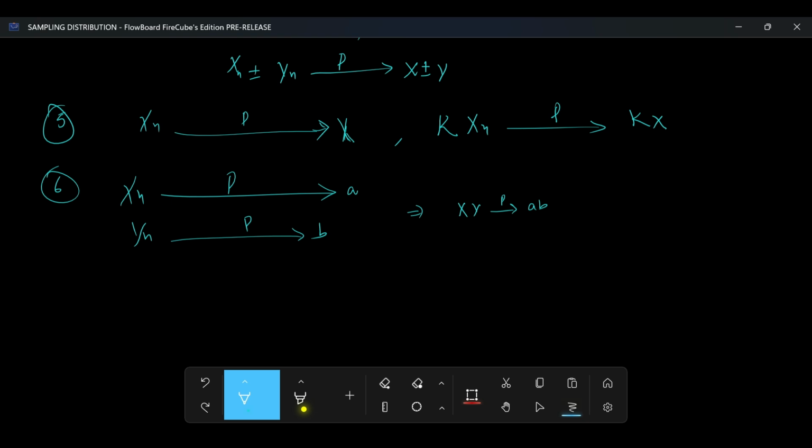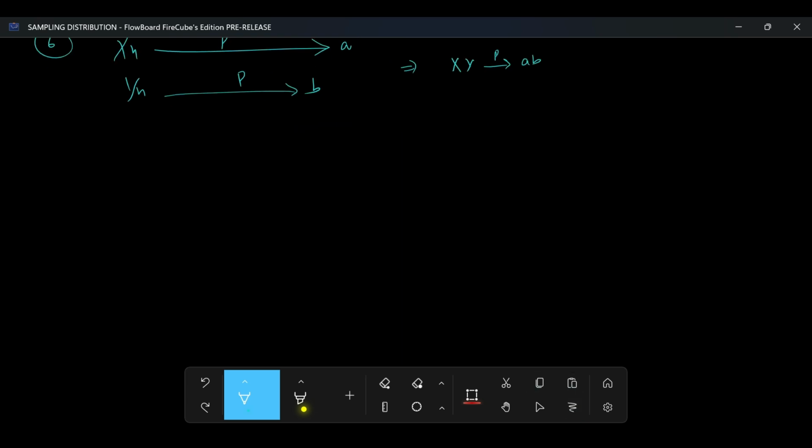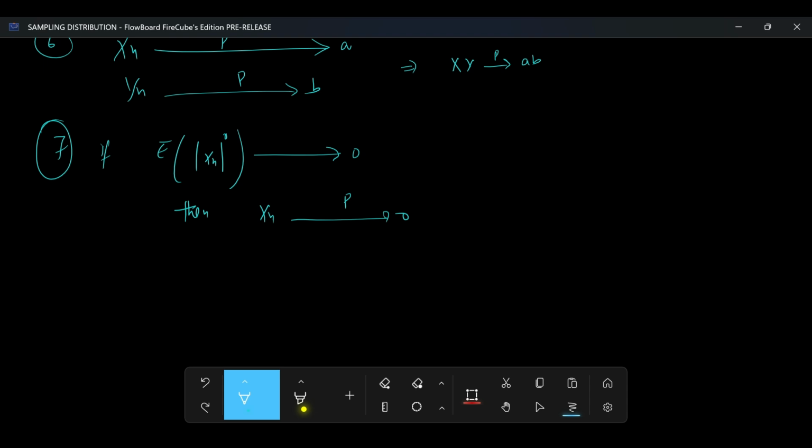Now here is one of the most important theorems, that's the invariance property. Before the invariance property, there is another property: if expectation of mod of Xn raised to the power r is converging to 0, then Xn will converge to 0 in probability.